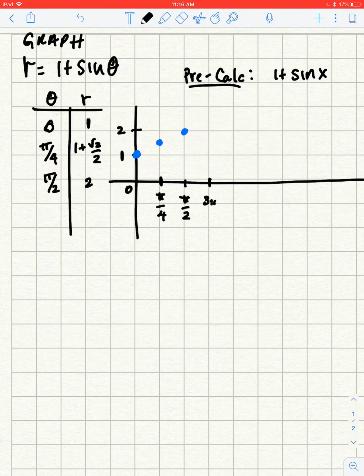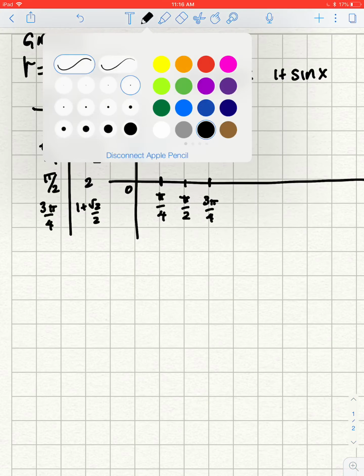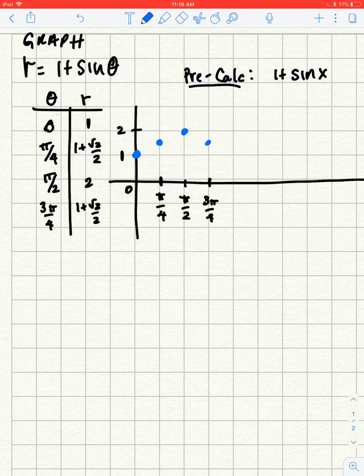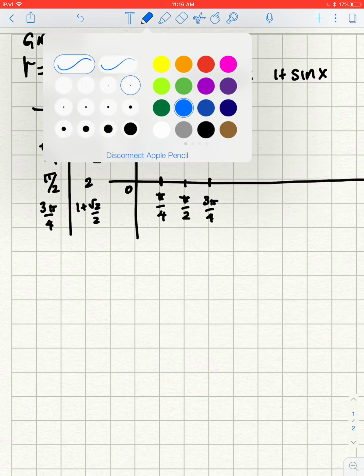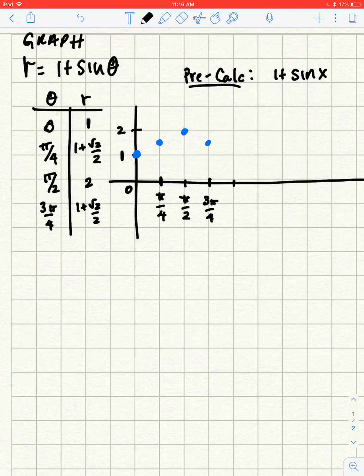Let's say we do 3 pi over 4. We'll get 1 plus root 2 over 2. And if we do pi, we'll get 1.